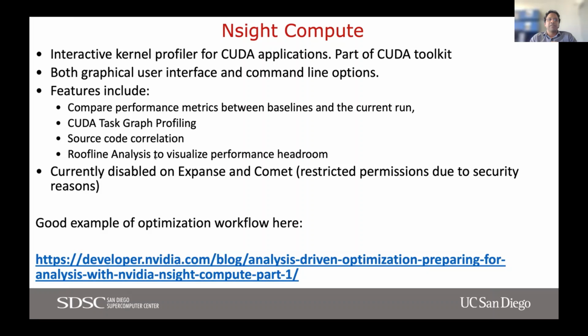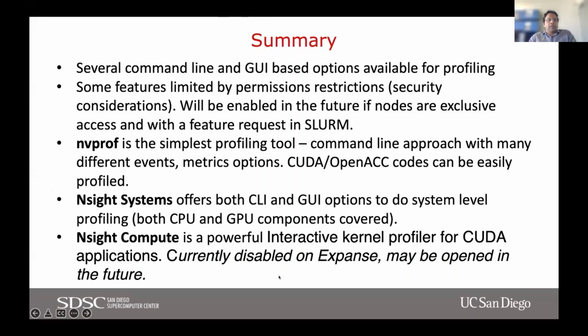It also gives you a roofline analysis, which tells you how close you are getting to what can be achieved. There is a nice example of the workflow out here, so you can take a look at that. But as I said, right now you can't do that on Expanse.